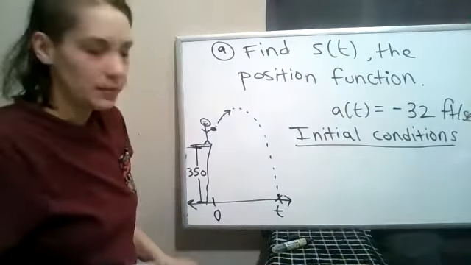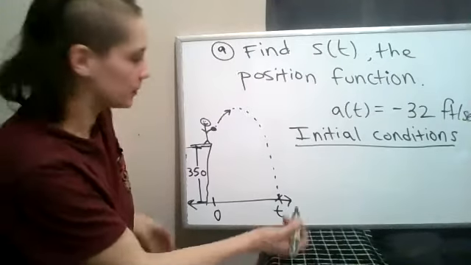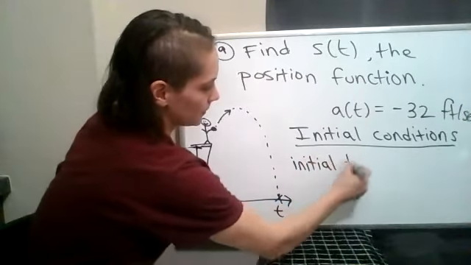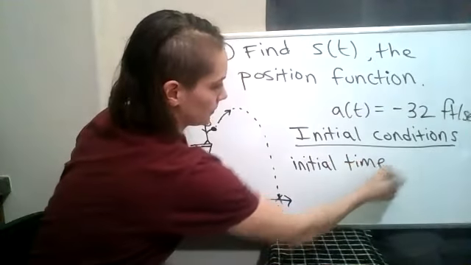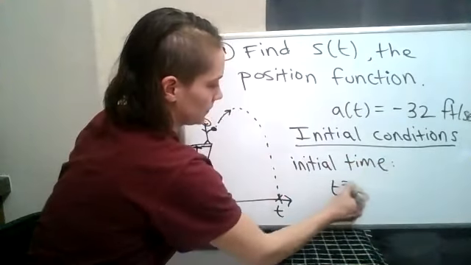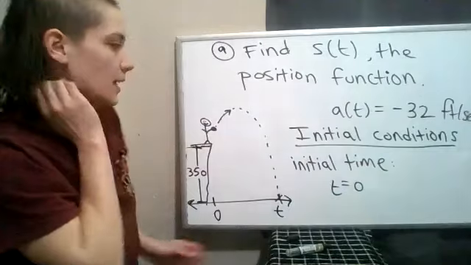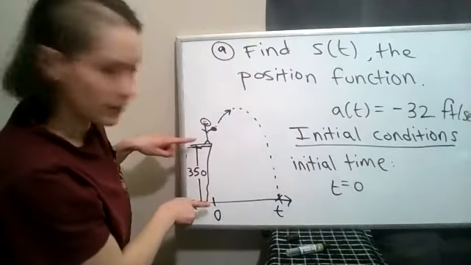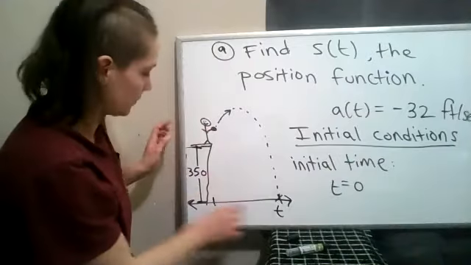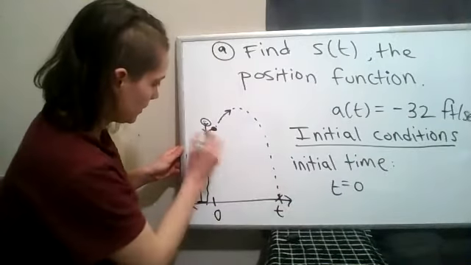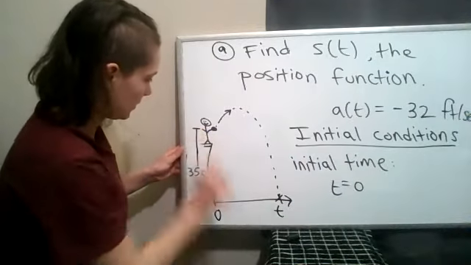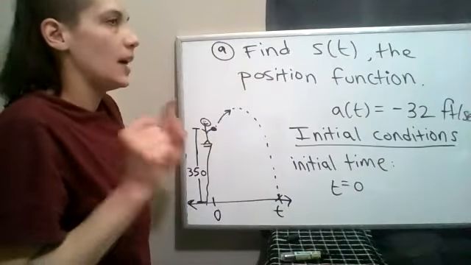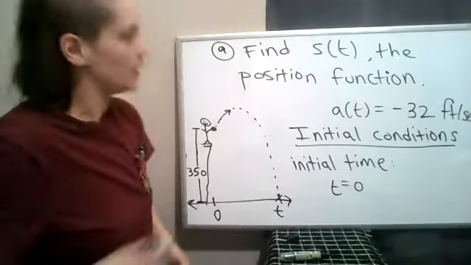Okay, for this problem, the initial time is at t equals 0. The initial position is s of 0, which is 350. S of 0 is equal to 350.